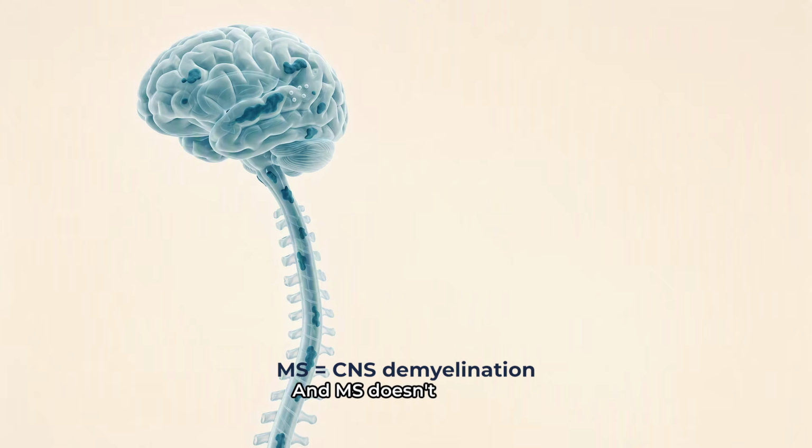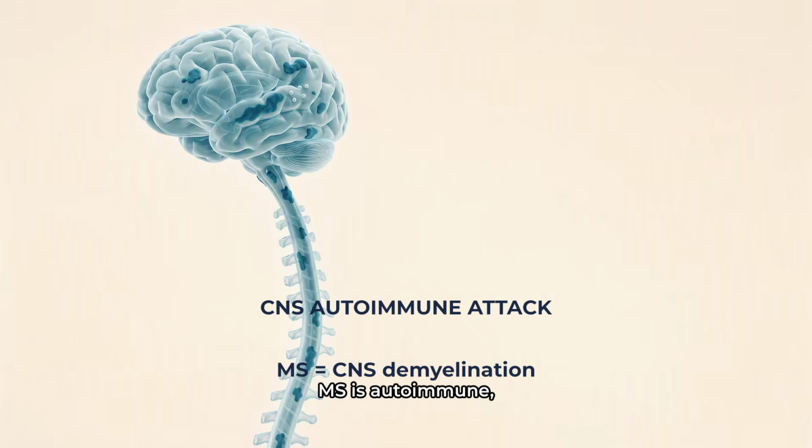And MS doesn't hit once. It's disseminated, new lesions in new locations at different points in time. That's actually baked into the diagnosis, and we'll come back to it. For now, MS is autoimmune, CNS only, and it damages multiple places at multiple times.